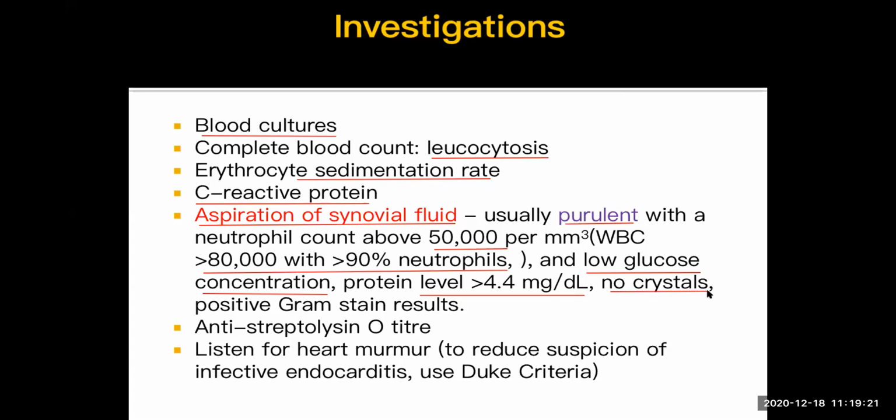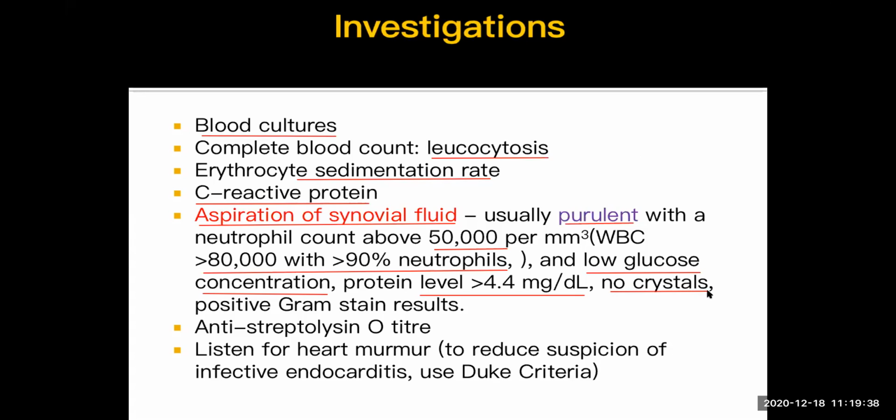This may be one of the important differential diagnoses of septic arthritis, like gout or pseudogout, especially gout. Which crystal is deposited in gout? Uric acid crystal. Very good.